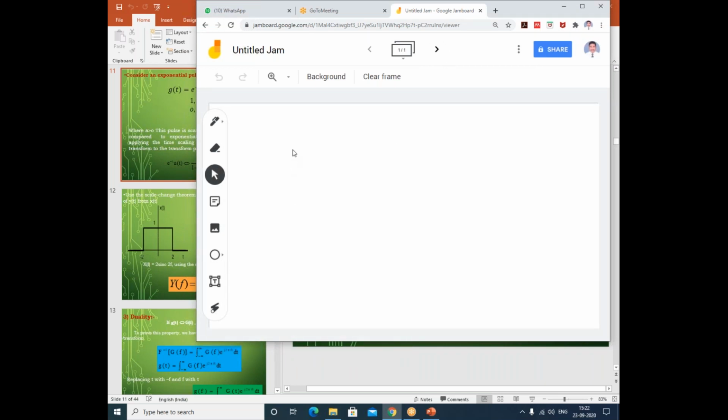Now, can you see the Jamboard screen? Please post it in the chat box. Can you see the Jamboard screen? Yeah, right.